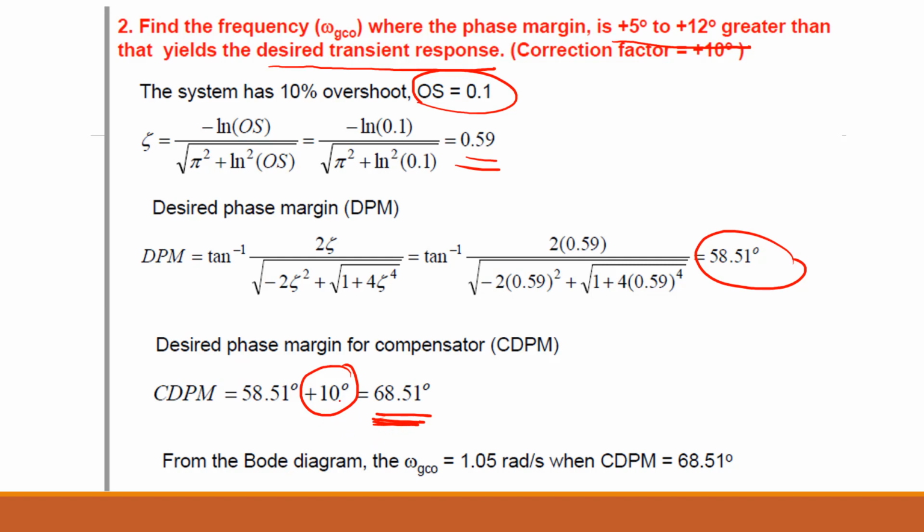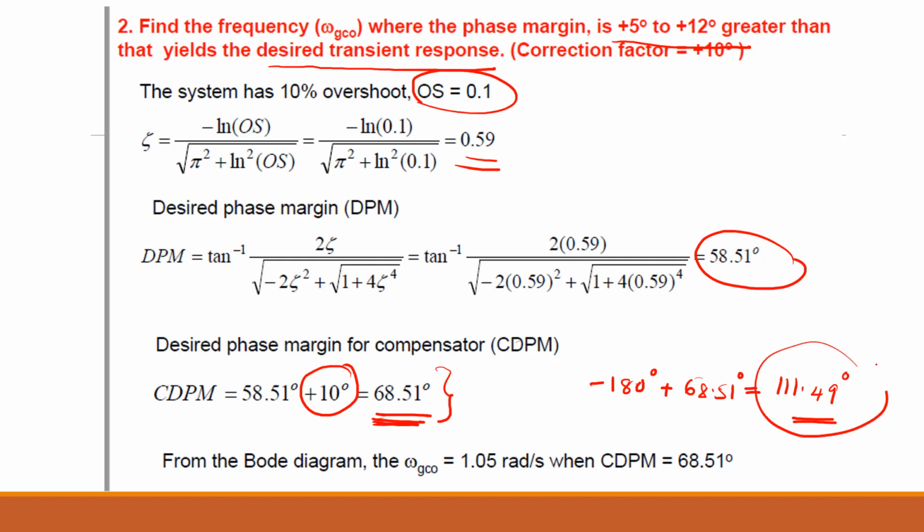From the Bode plot, we need to find where this phase margin is located. We know that from the phase margin, we start at minus 180 degrees. So you can find it by minus 180 degrees plus the 68.51 degrees, which is 111.49 degrees.